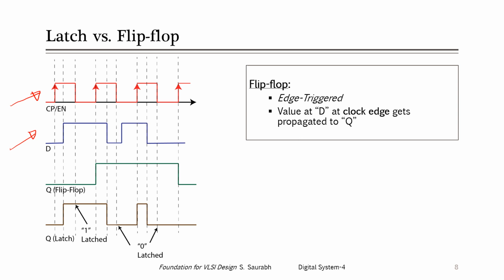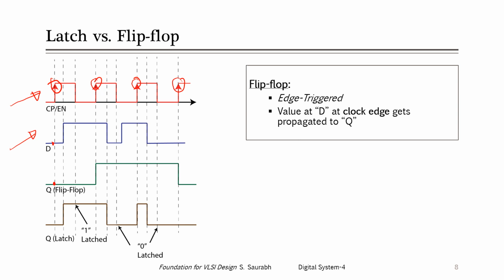So where are the clock edges? Suppose that the flip-flop is positive edge triggered. So these are the edges. At this edge, whatever the value was at the D pin will be written to the Q pin. Initially it was 0 at this point, so the output of the flip-flop will be 0.